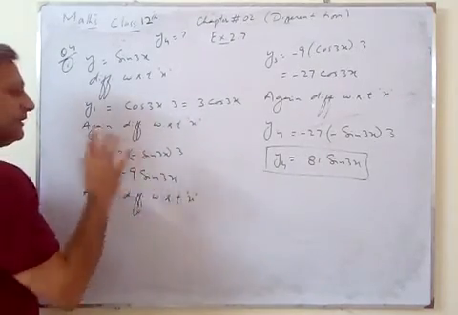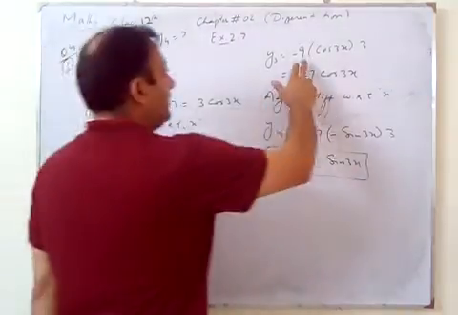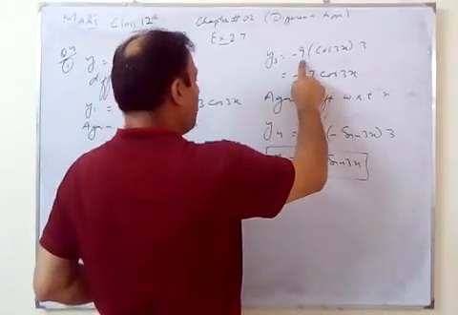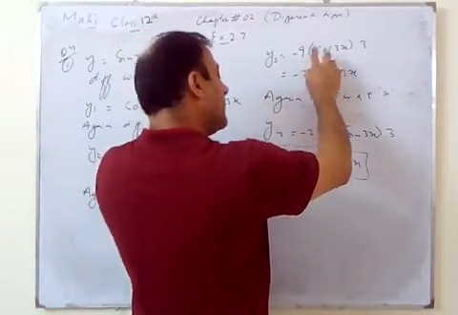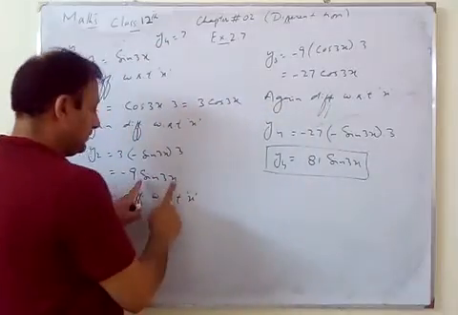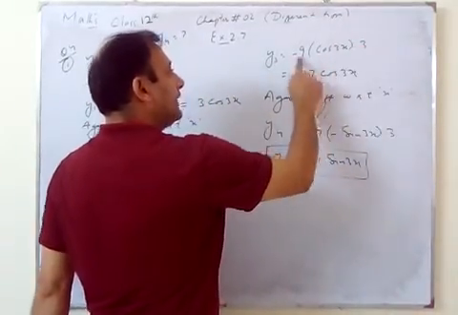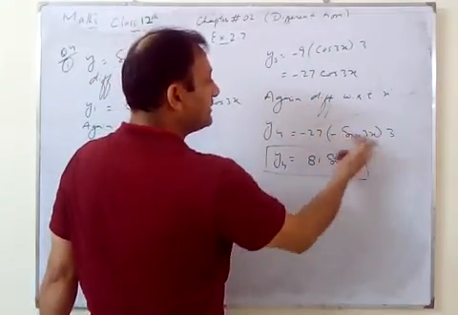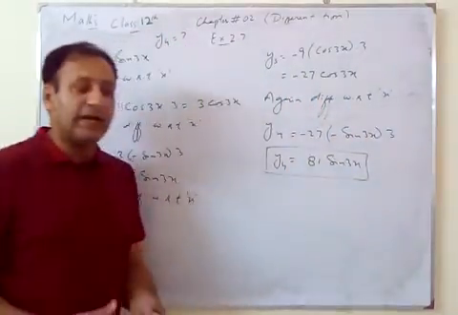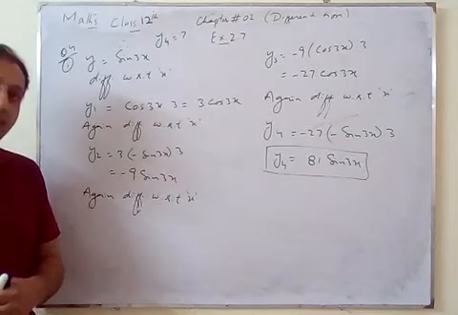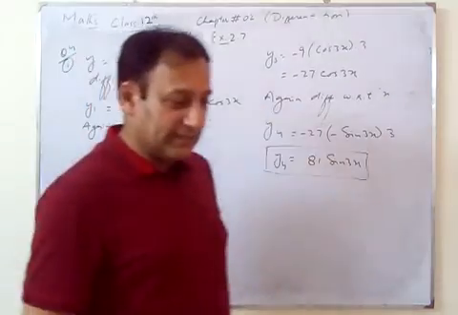Minus 9 sine 3x. Again differentiate. Minus 9 constant as it is. The derivative of sine 3x is cos 3x, the derivative of 3x is 3. So that is minus 27. Again differentiate the same way, we get 81 sine 3x. So this is the method how to find it.